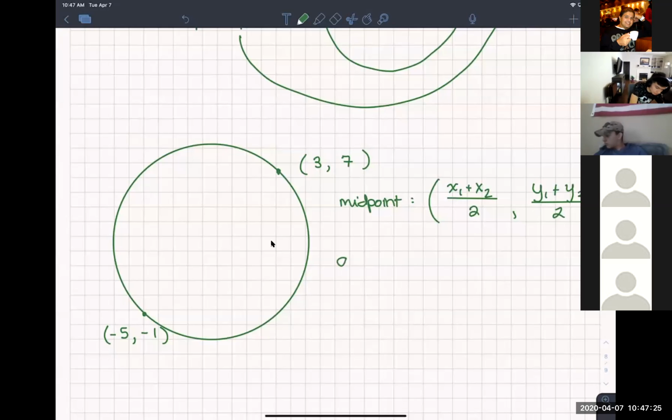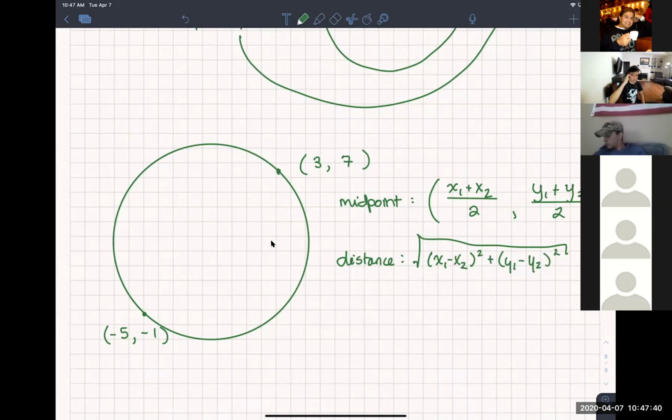And the distance formula was x1 minus x2 squared plus y1 minus y2 squared. So the midpoint is what gave you your center, and the center plus an endpoint in the midpoint formula gives you the radius.